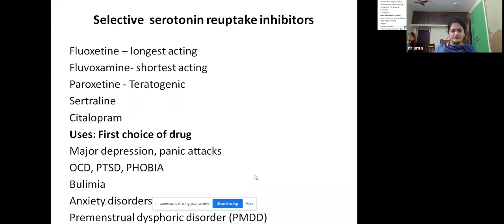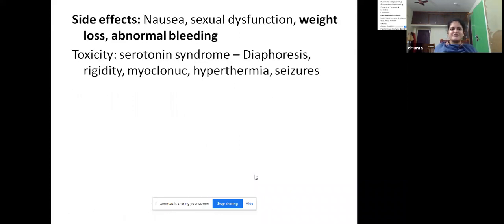Side effects: they cause nausea, sexual dysfunction, weight loss, but except paroxetine. Paroxetine causes weight gain. And there is abnormal bleeding because it involves the serotonin in the platelets also. Toxicity is serotonin syndrome, because when given along with tricyclic antidepressants, they inhibit their metabolism, leading to raised levels. So they produce a serotonin syndrome.